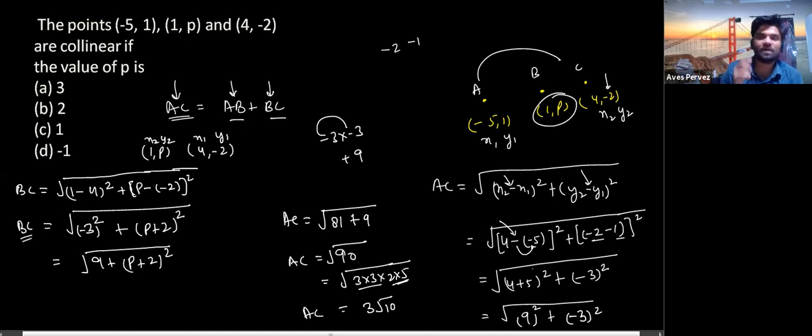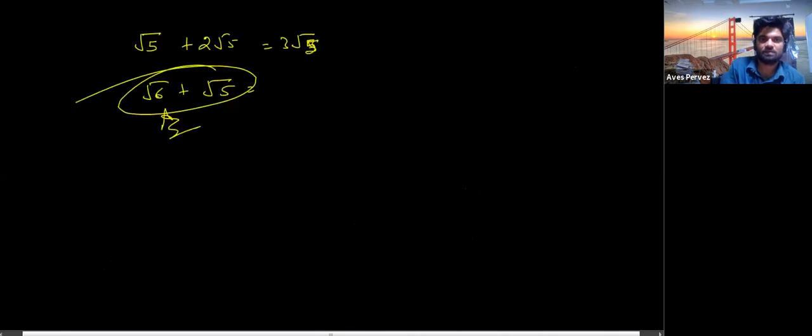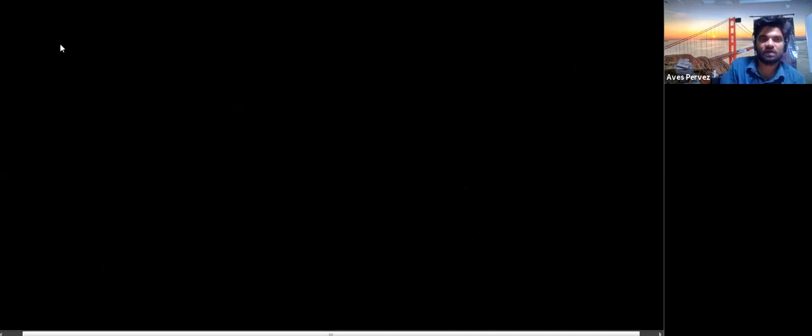Now we need to calculate the value of AB. What would be the value of AB? So let me do this one. Our coordinate of A is minus 5 and 1.